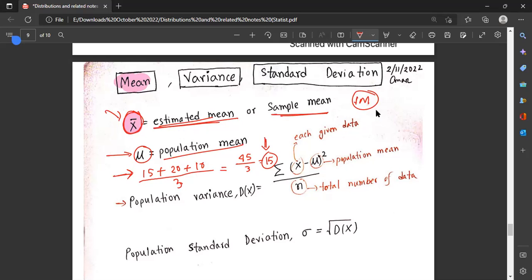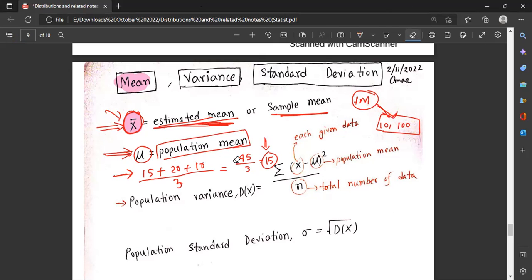So we take a few of them, maybe 10 or 100, and try to find the estimated mean. The main difference is that the population mean is very specific, while the estimated mean is not. We just take a sample of the total population and try to estimate the mean.